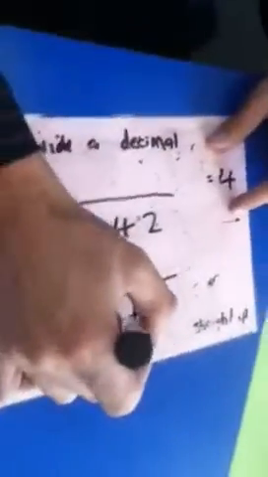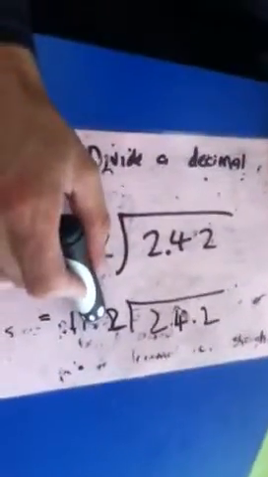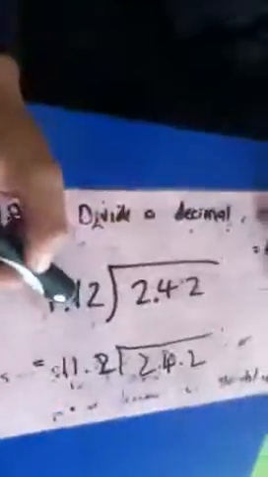So the new equation would be 24.2 divided by 11.2. But we've still got a decimal dividing into a decimal, so that's not right.